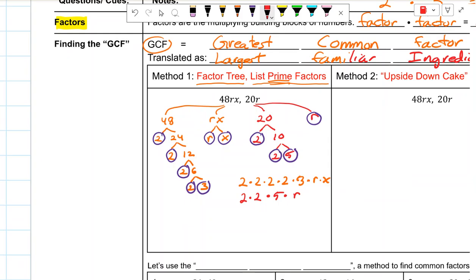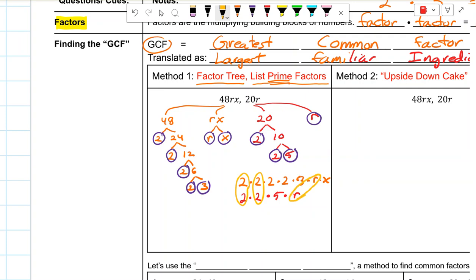Well, we're going to be looking for what they have in common or what's familiar to each of them. And you can see the familiarity starts right here. They both have a 2. They actually both have another 2 that they share. And they both have an R that they share.